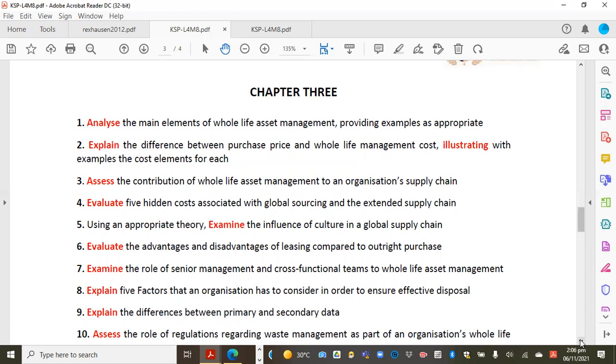The elements, training. These are all part of the whole life asset management. And you need to provide examples. Even insurance. Insurance is also an element of whole life asset management. These are the factors you need to consider when doing whole life cycle or asset management.